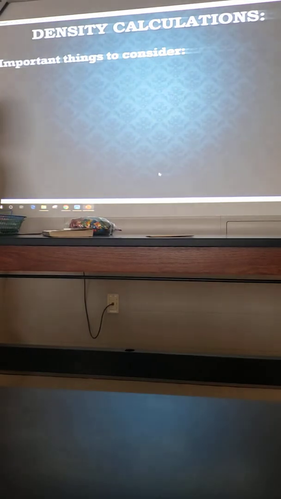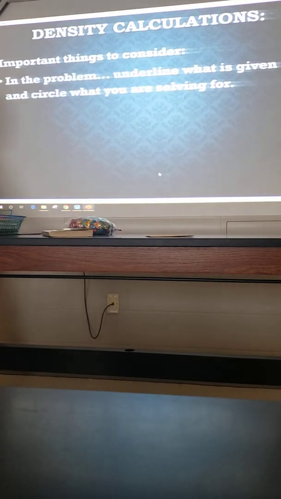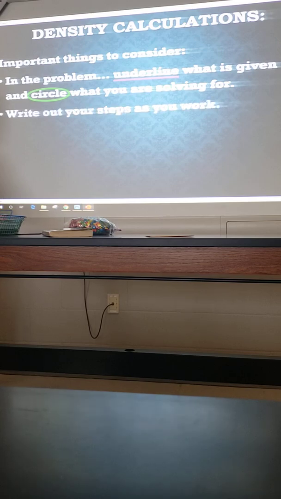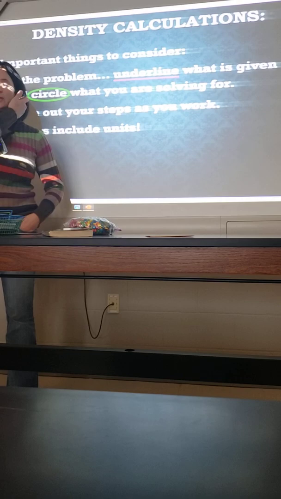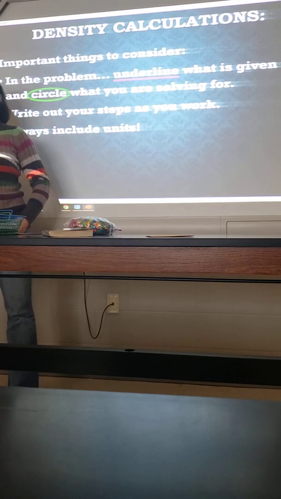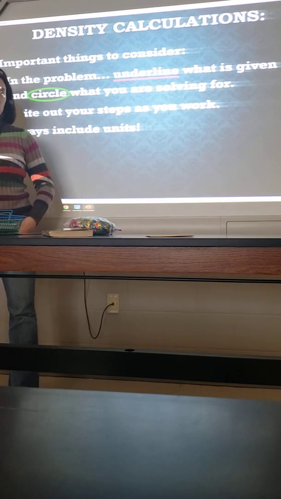All right, so here are some important things to consider. Just like with every word problem, and like what we did with the half-life calculations, underline what's given and circle what you're solving for. You're going to write your steps out as you work. I told you on the extended response part, the calculations for half-life on the test, if you show your work, I can give you partial credit.